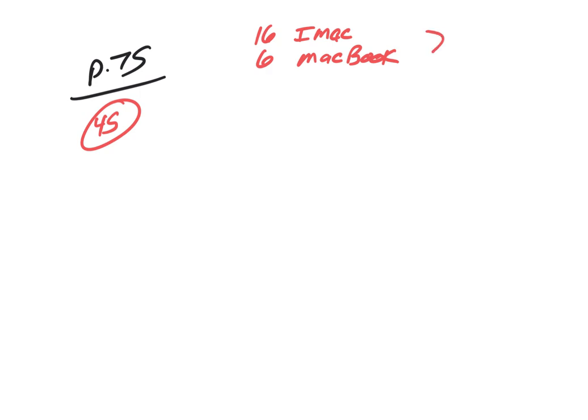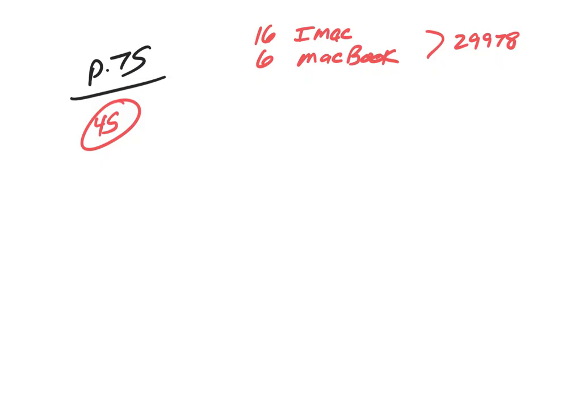Total cost is $29,978. We don't know the cost of each one. So that's going to be our goal here: how much did each computer cost us to buy?